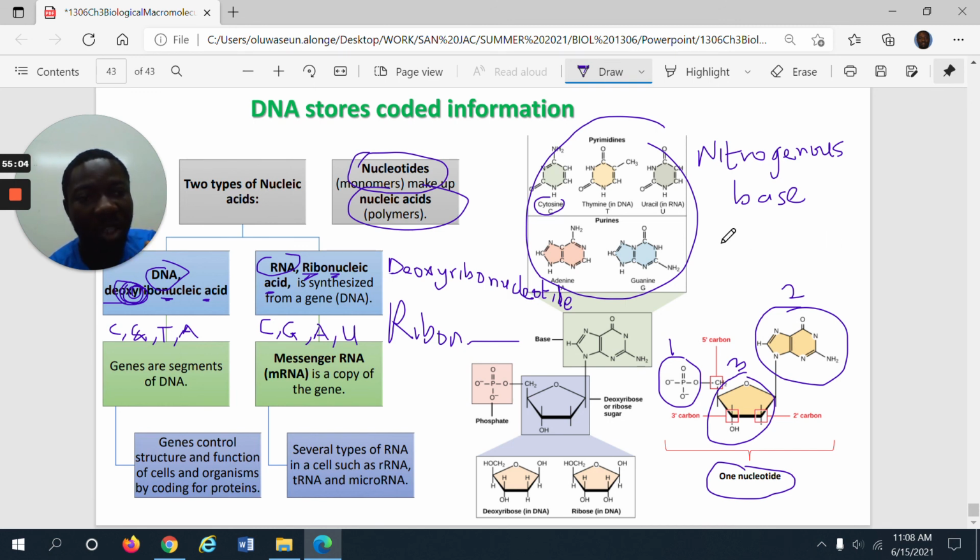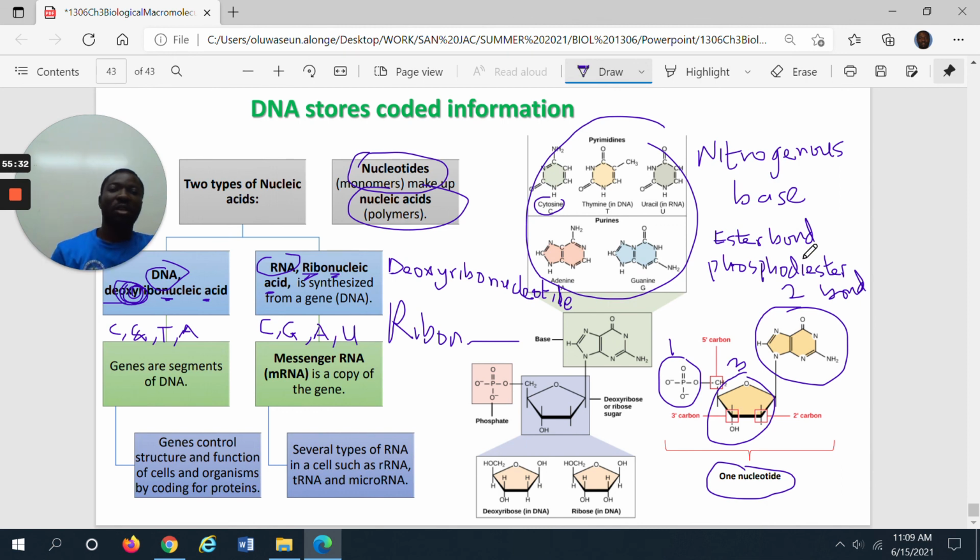The name of the bond that will be formed is called an ester bond, or I'm writing it here, diester, or phosphodiester bond. So that's the bond.